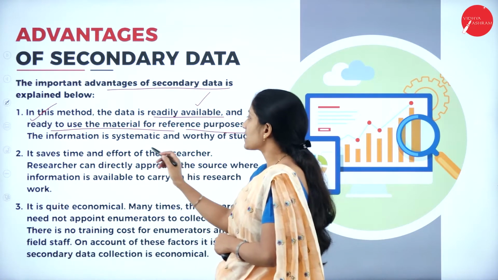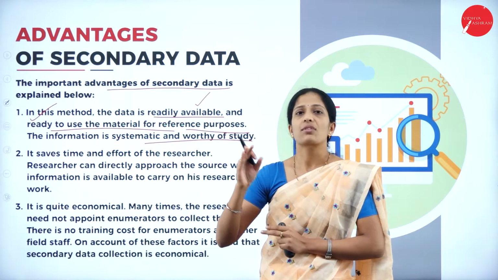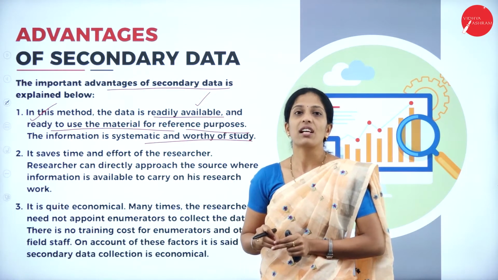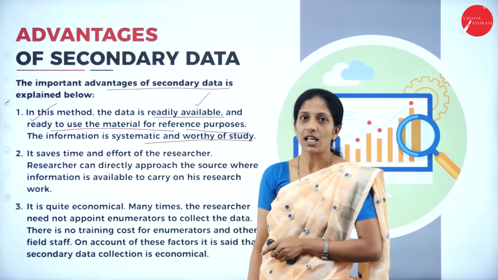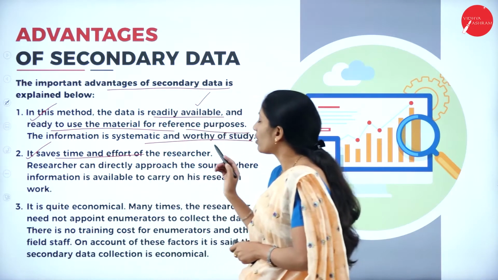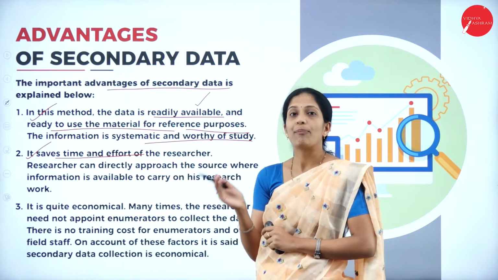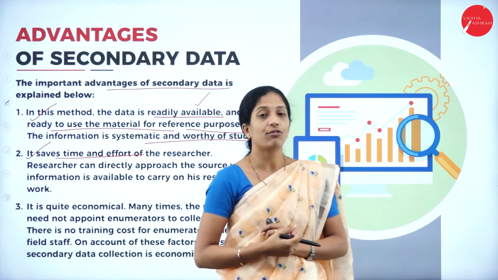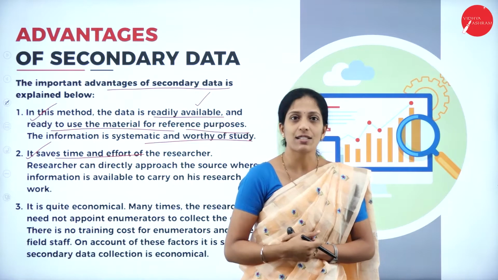The information is systematic and worthy of study. If the researcher does not have sufficient time, and is happy with the information he got through secondary data, then this method is very useful. Second, it saves the time and effort of the researcher. This is a very important advantage compared to primary data. In primary data, since he collects the information for the first time, he requires a lot of time as well as money.